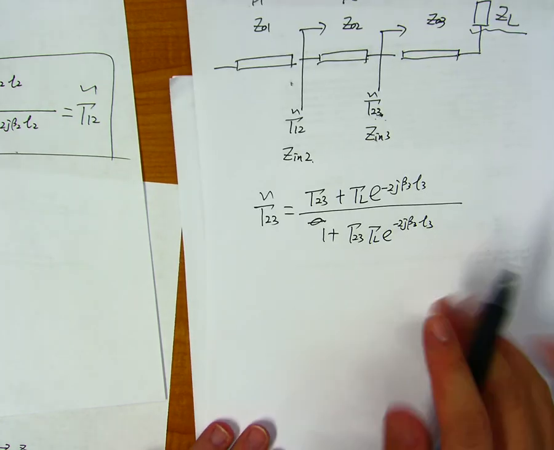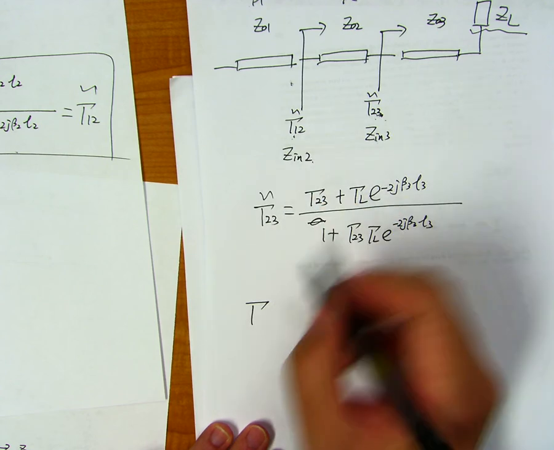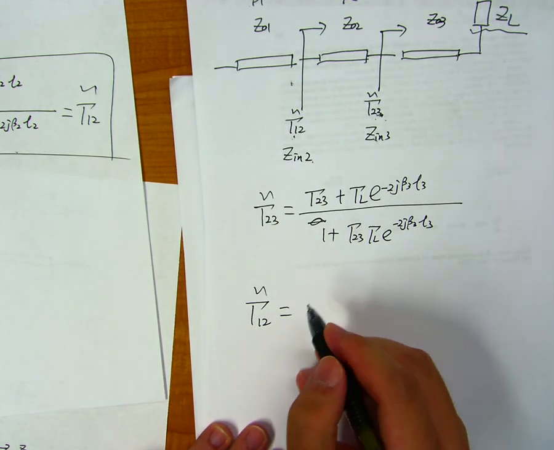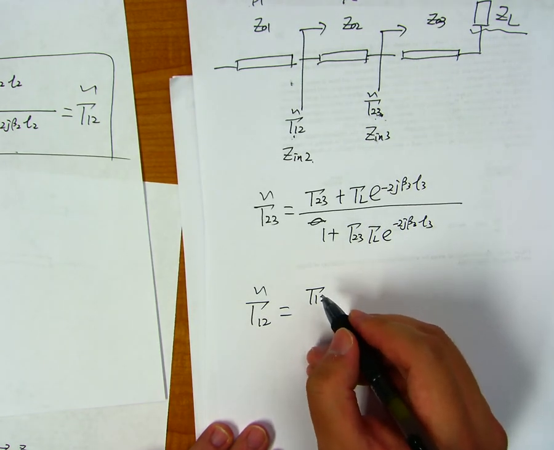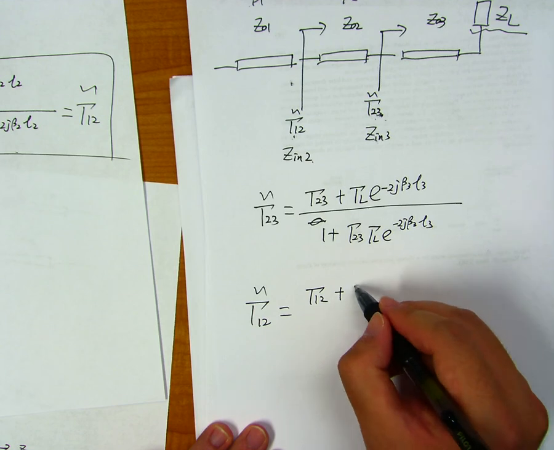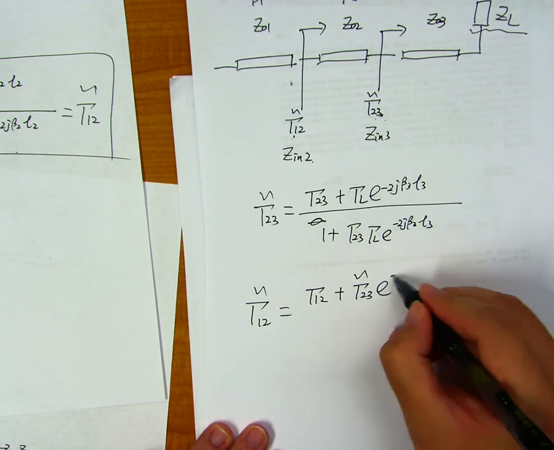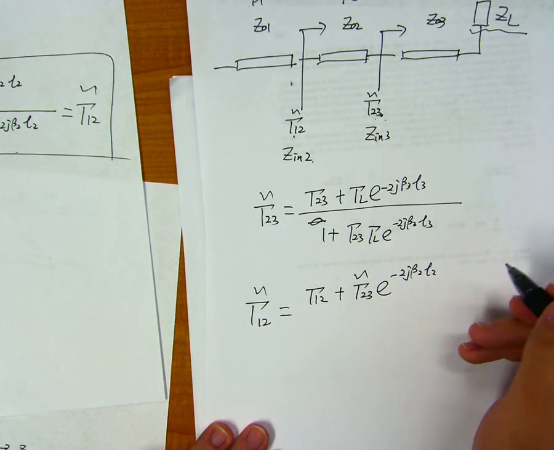And if we want to further find gamma_12 tilde, we can use this formula again. That will be gamma_12, the local reflection coefficient, plus gamma_23 tilde e to the negative 2j beta_2 L2, over 1 plus gamma_12 gamma_23 tilde e to the negative 2j beta_2 L2.